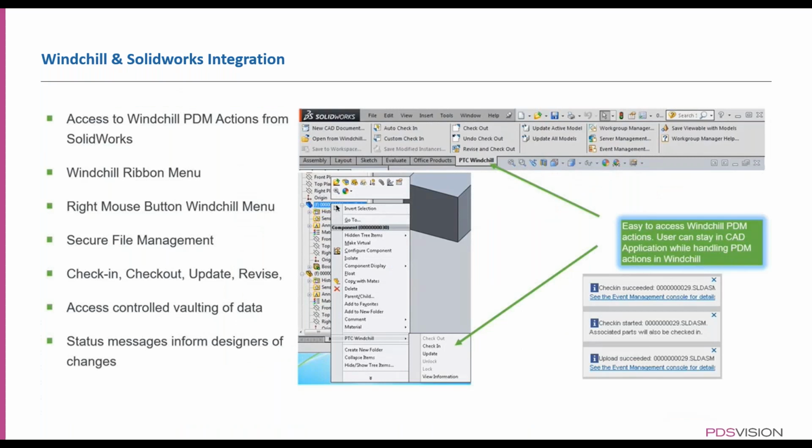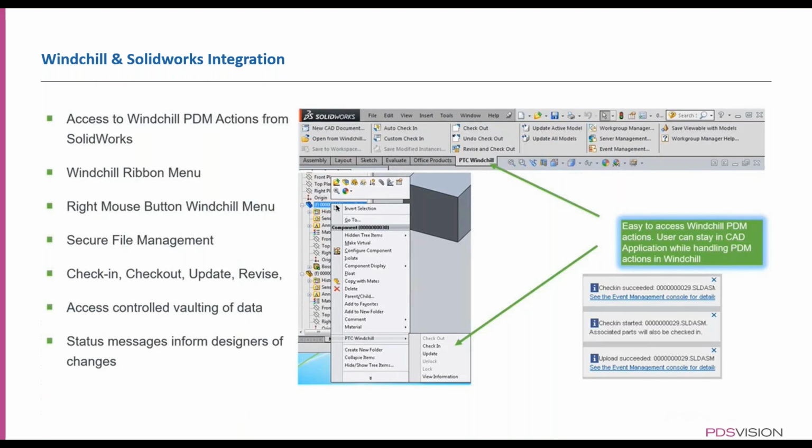And then the SolidWorks integration to Windchill itself is through a tool called Workgroup Manager. It's a piece of software that you install on the system that has SolidWorks, and you integrate that tool with SolidWorks. As soon as you've done that, when you open up SolidWorks, this is what it gives you.